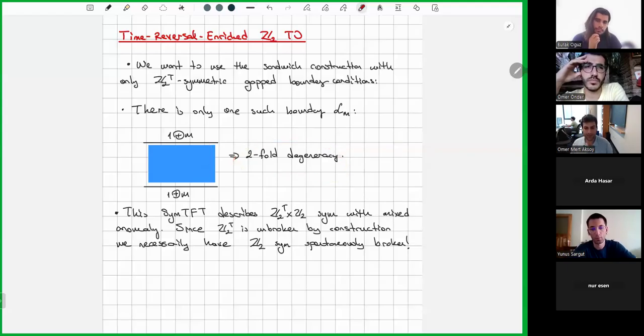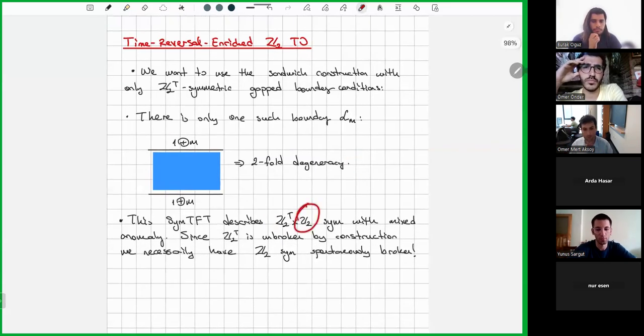If you also recall that the M condensation chooses Z2 times Z2 symmetry with mixed anomaly, once I impose the time reversal symmetry, I have to break the additional Z2 symmetry. So that's the meaning of mixed anomaly. The only gapped phase with time reversal invariance has to break the other unitary Z2 symmetry. That's the signature of the mixed anomaly in the 1 plus 1D theory in the SymTFT construction.